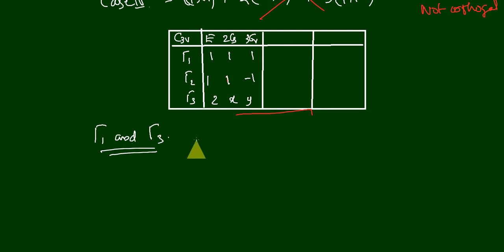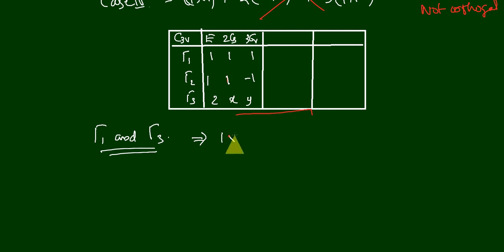When we are checking the orthogonality between gamma 1 and gamma 3, we can set up the equation. In gamma 1 we have 1, 2, 3 and in gamma 3 we have 2, x, y.